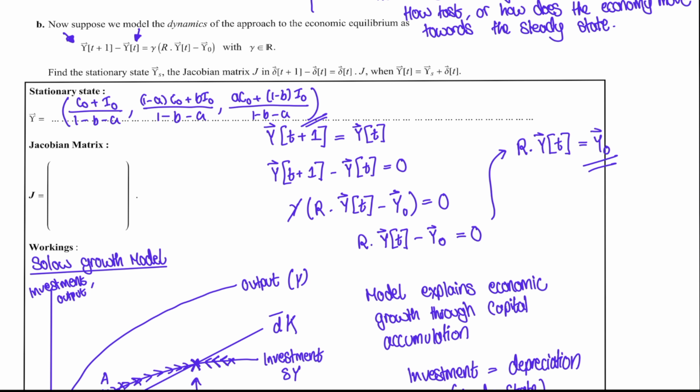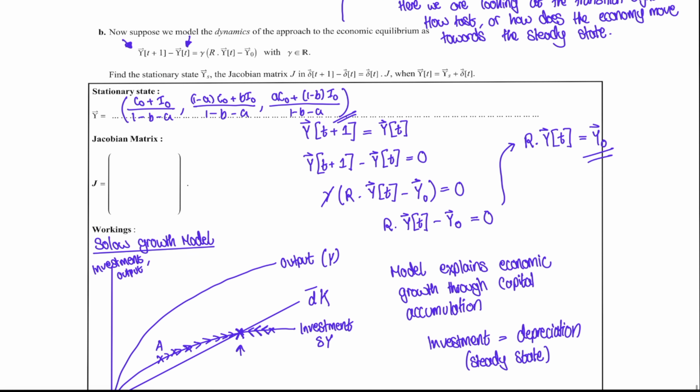Now we need to find the Jacobian matrix J, where delta t plus 1 minus delta t is equal to delta t multiplied by the Jacobian. If I just rewrite that over here, we have yt plus 1 minus yt is equal to gamma r multiplied by yt minus y0.